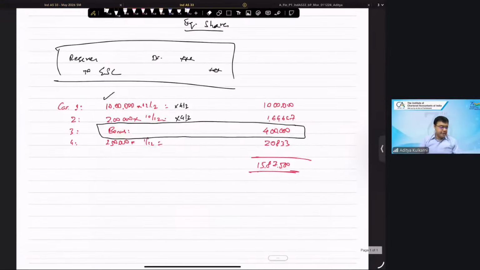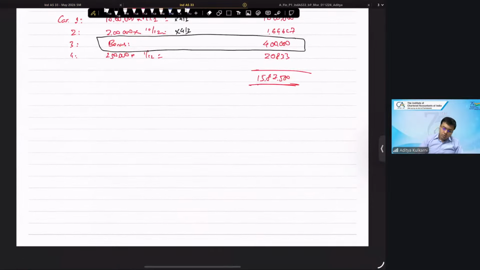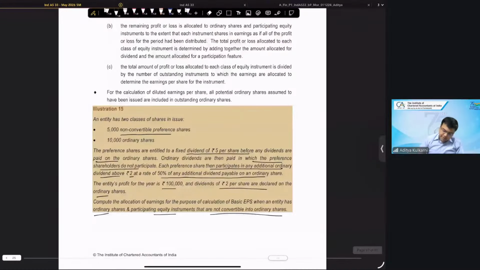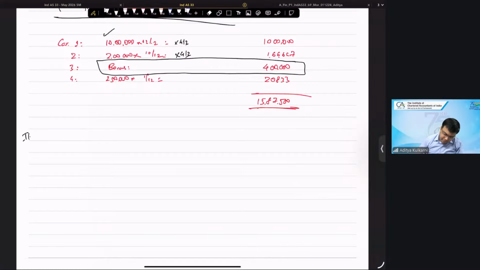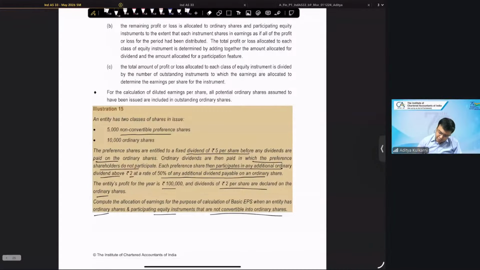Okay, now let us look at this. What is your profit? This is illustration 15. Profits before any distribution. What is that profit? 1 lakh. Correct? We start off with 1 lakh.